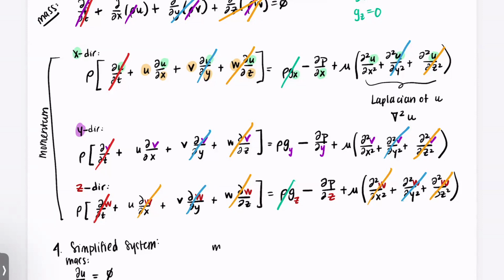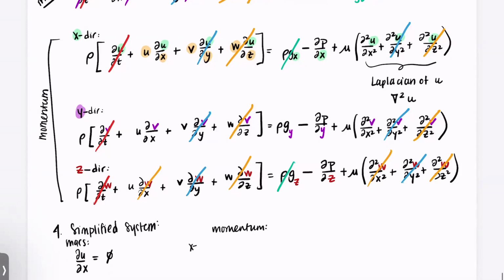And then momentum in the x direction, we have rho times u partial u partial x is equal to minus partial p partial x plus mu partial squared u partial x squared.